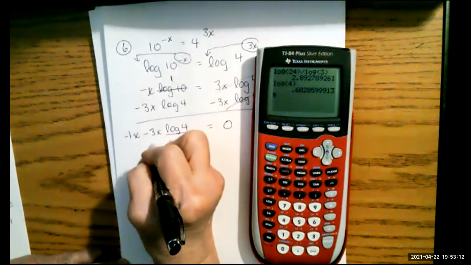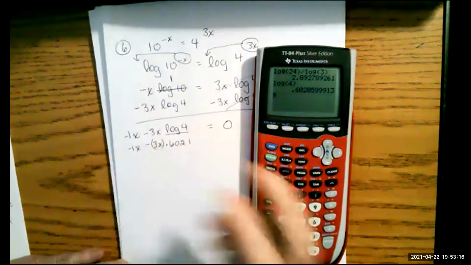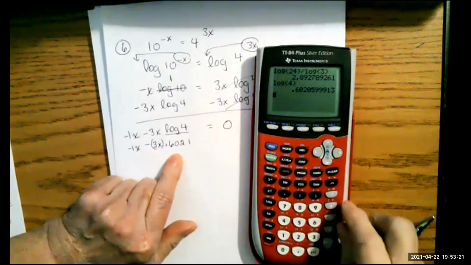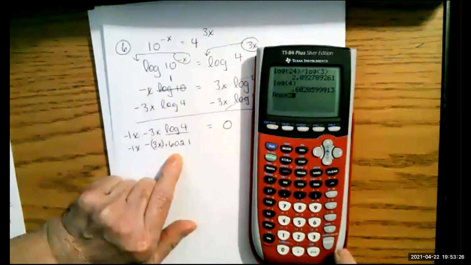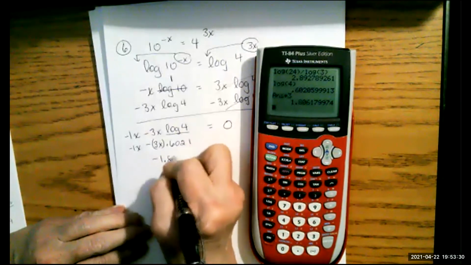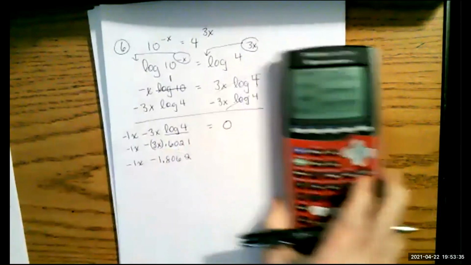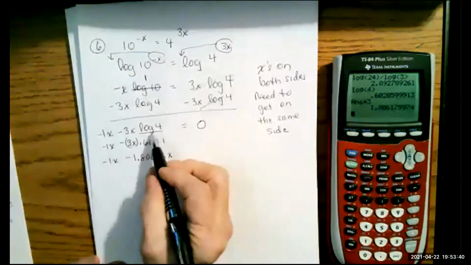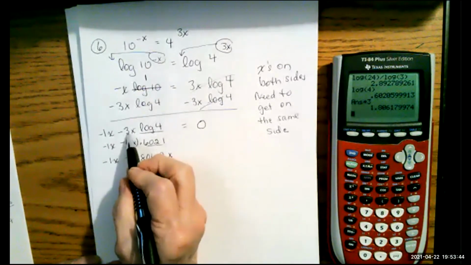Let's multiply it times this 3x here and see what we get. What's 3 times 0.6021? So this is really 1.8062. Is that what you got? So this is this, but this is multiplied by this and this.